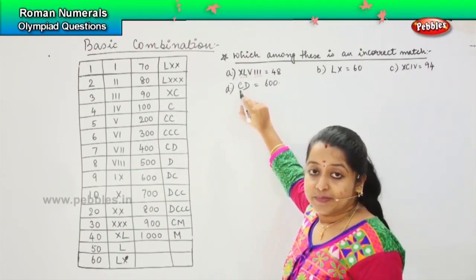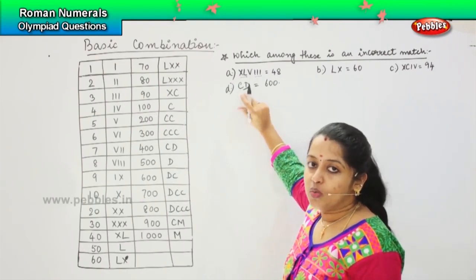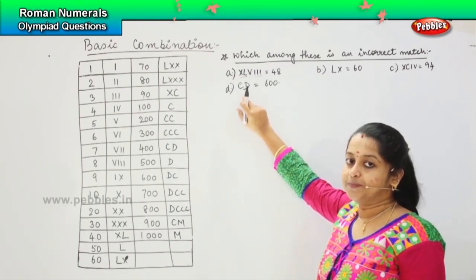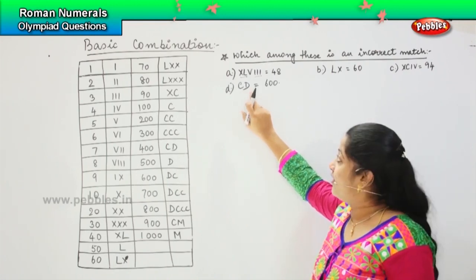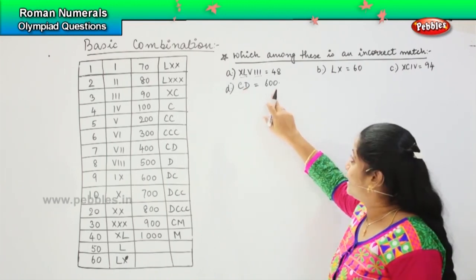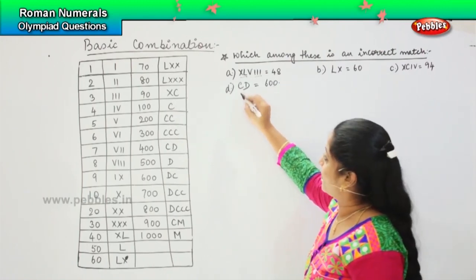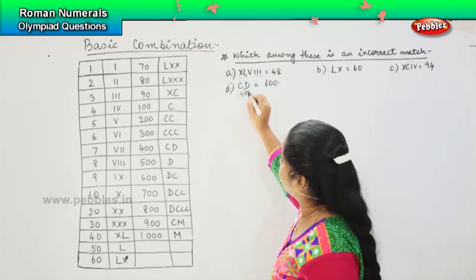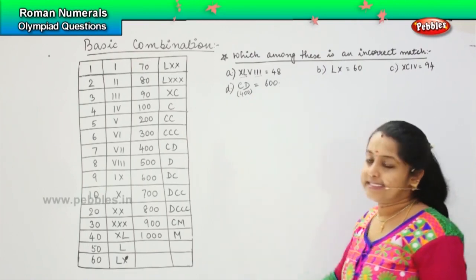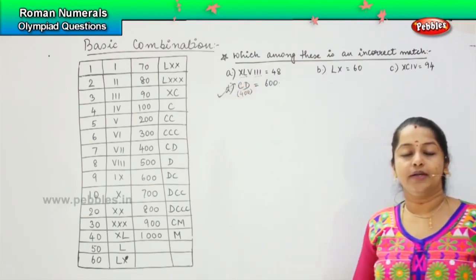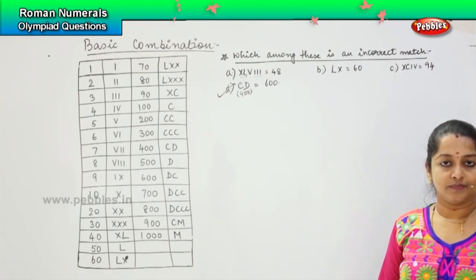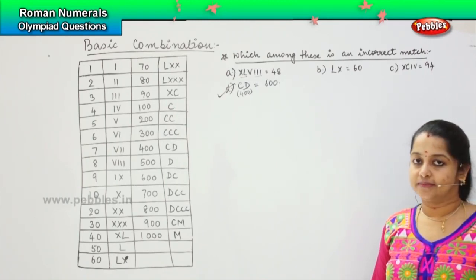The symbol with the smaller value comes first. So it needs to be a subtraction, right? So 500 minus 100, this value should be 400, wherein they have derived and written it as 600, which means this is the odd one out. Clear? Shall we move to the next one?